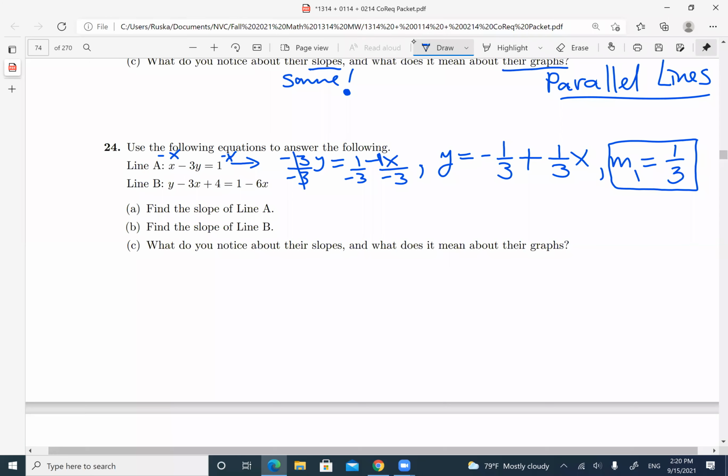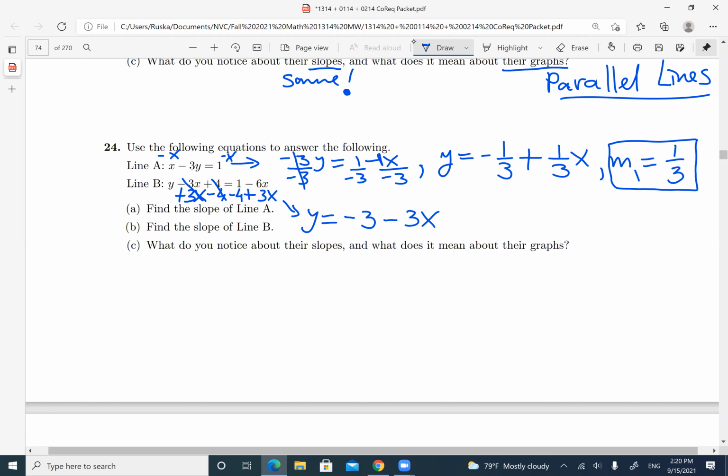So first I'm going to add 3x. And I can also subtract 4. So moving 3x, moving 4. So we're going to get y equals 1 minus 4 is what? -3. And then minus 6x plus 3x is minus 3x.